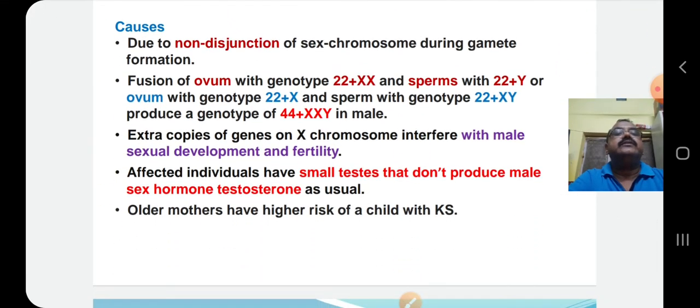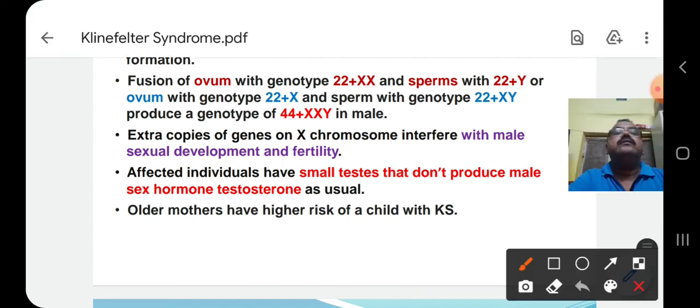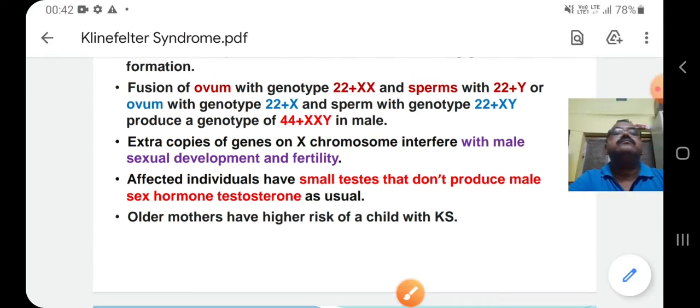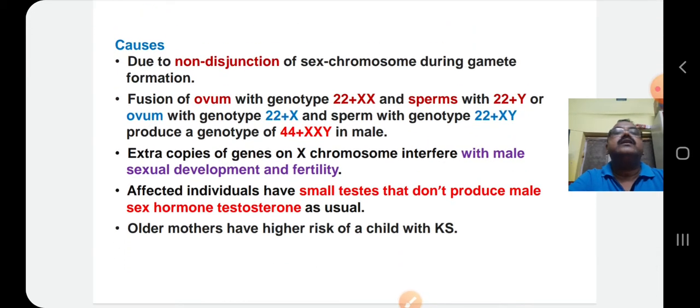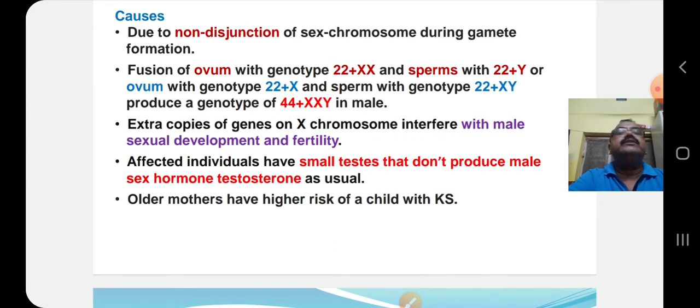Let us discuss the causes. Klinefelter syndrome results due to non-disjunction of sex chromosomes during gamete formation. It results from fusion of an ovum with genotype 22 plus XX and a sperm with genotype 22 plus Y, or an ovum with genotype 22 plus X and a sperm with genotype 22 plus XY, producing a genotype of 44 plus XXY in the male.